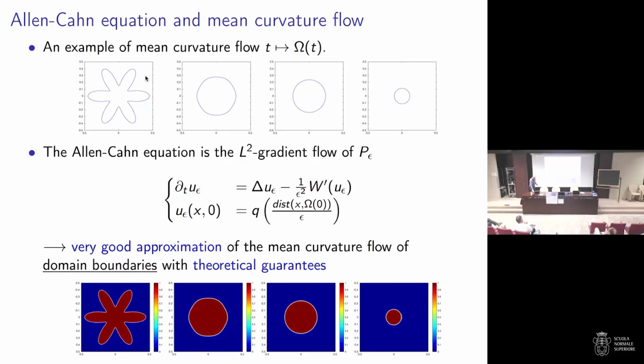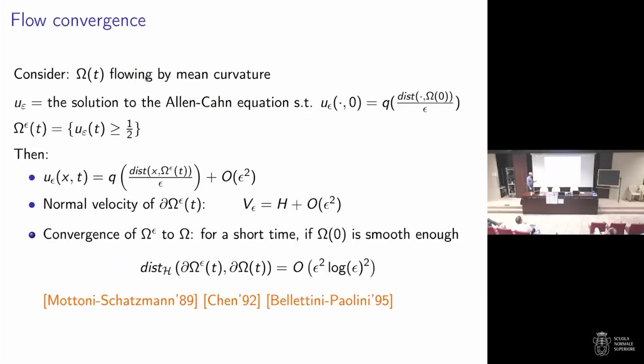In which sense? In the following sense: you consider your initial sharp set flowing by mean curvature. You consider the solution to the Allen-Cahn equation with this initial condition, and you consider its 1/2 upper level set. Then you can prove that the solution to the Allen-Cahn equation stays very close to the optimal profile associated to this set.